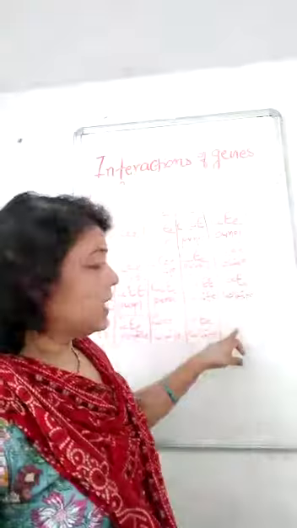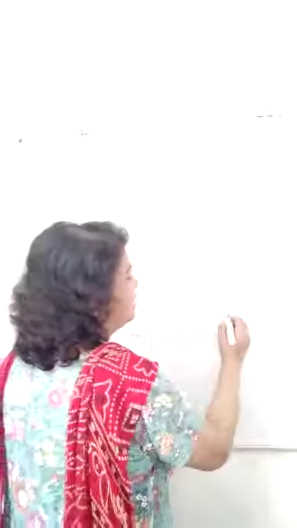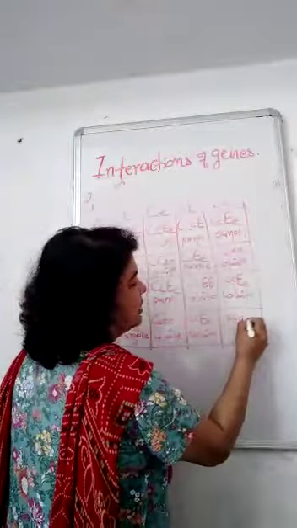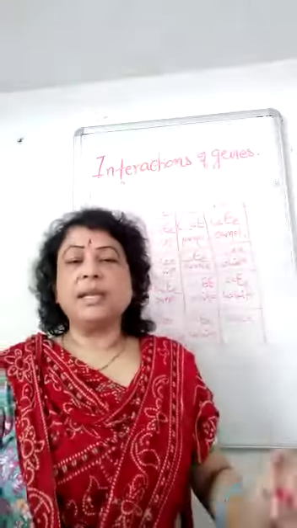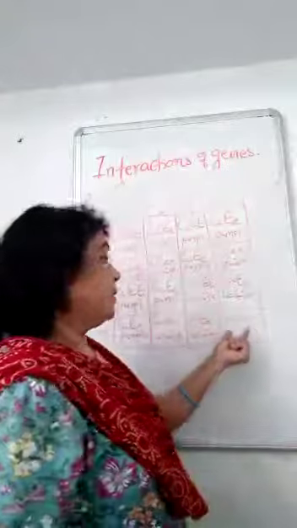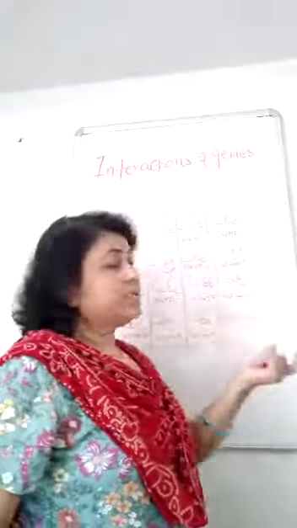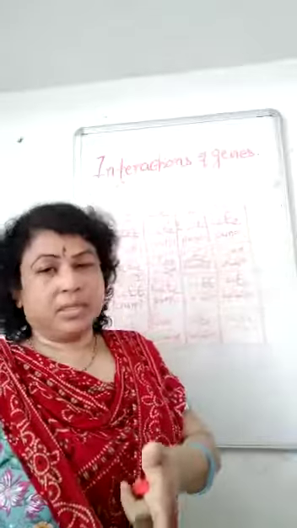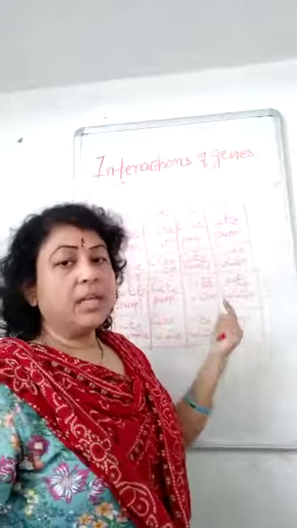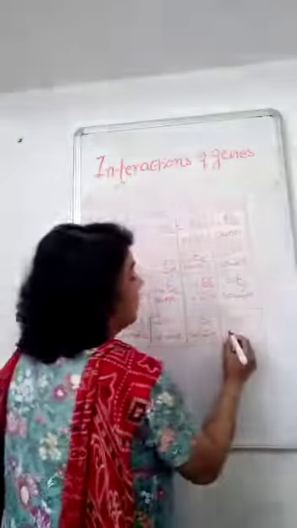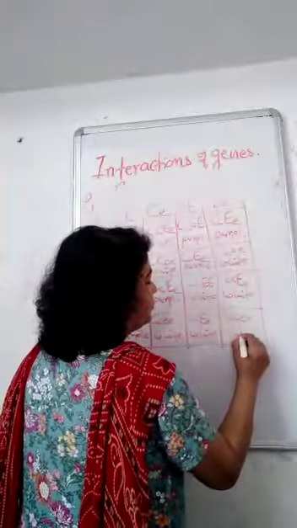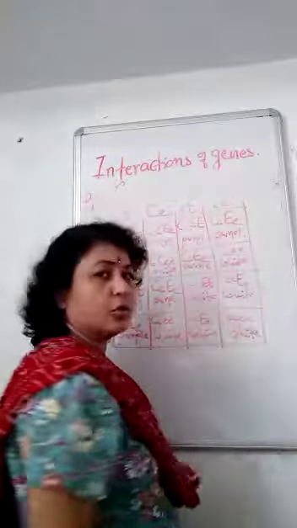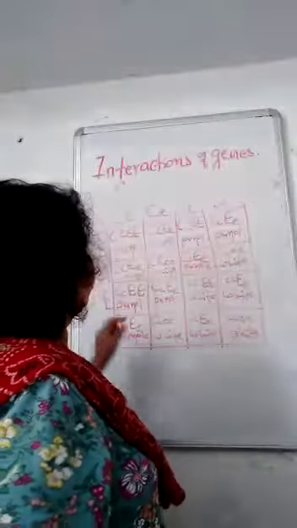And the last one, that is small c, small e, small e. So no allele is dominant here. But we know that when at least one allele of both the genes is dominant, then only it develops the color. But here there is no dominant allele, so it also produces white.